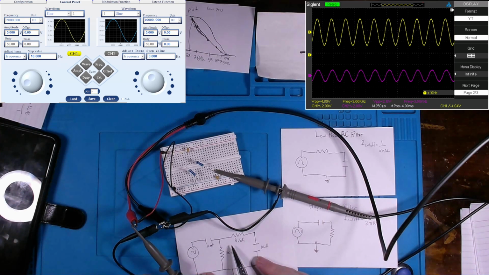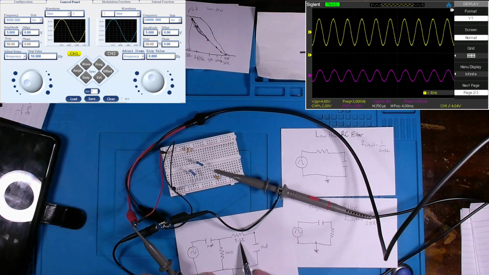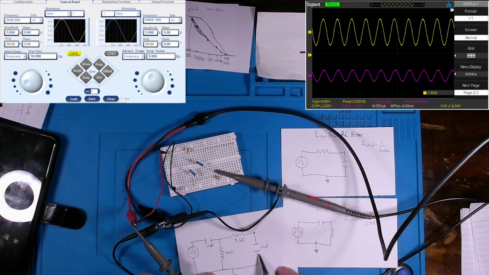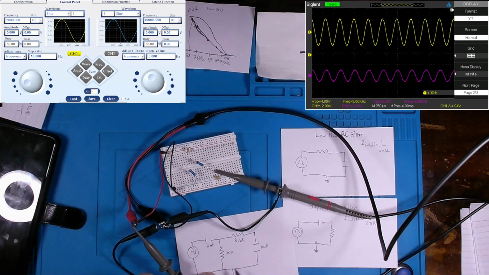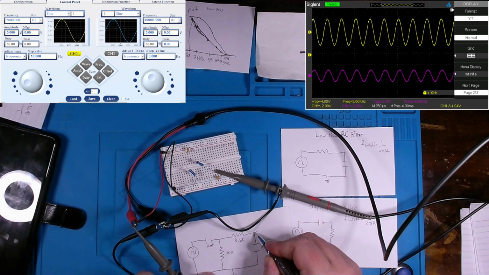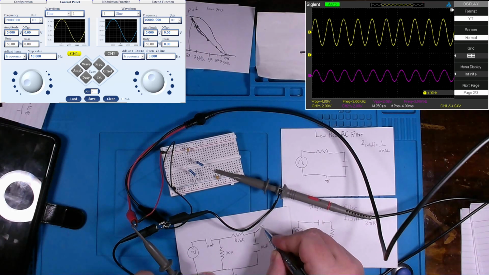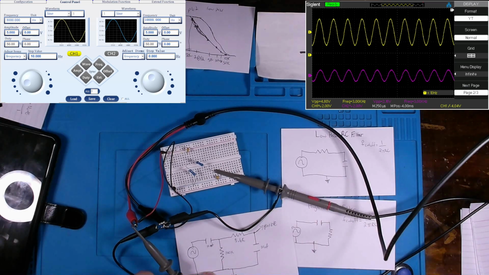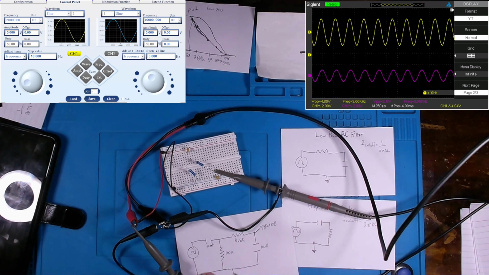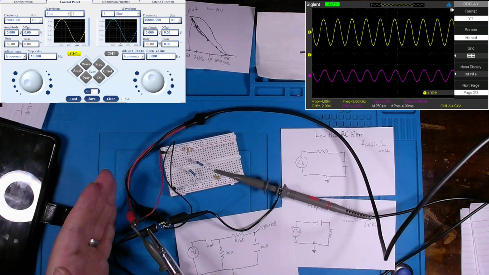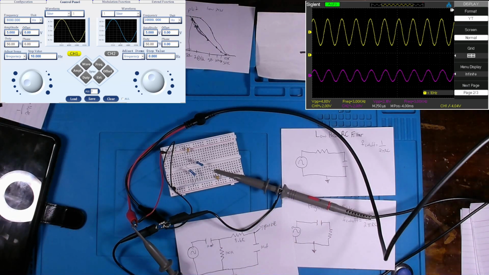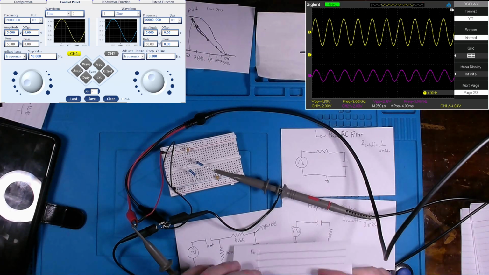But here goes our 5.6K ohm resistor and our other 10 nanofarad capacitor going to ground. And our measuring point is going to be right here with our oscilloscope probe. This is where we'll probe. And then, of course, all the grounds tied together. So we have probe 1 input, probe 2 output. And let's see what's going to occur here.